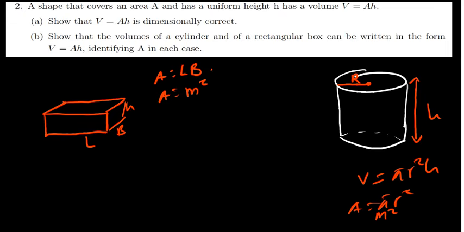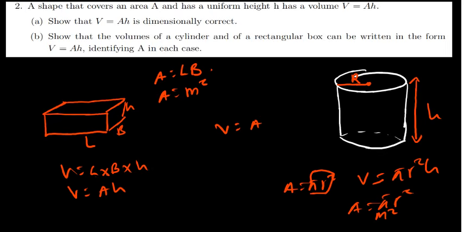The volume of the rectangular block is L times B times H, right? So what is L times B? It is the area A. So V is equal to A times H. At the same time, in the cylinder formula, A is given by pi r squared, so we replace it with the A which we have. That's why the formula is the same: A, then H.